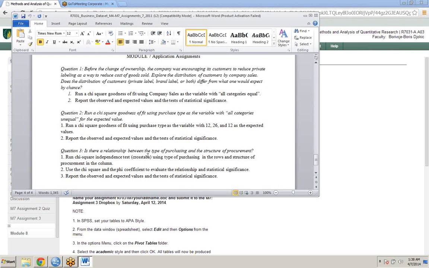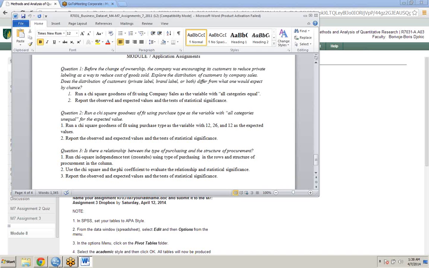Run a chi-square goodness of fit using purchase type as the variable with all categories unequal for the expected value. This is a little bit more complicated. Run a chi-square goodness of fit using purchase type as the variable with 12, 26, and 12 as the expected values. Report the observed and expected values in the test of statistical significance.